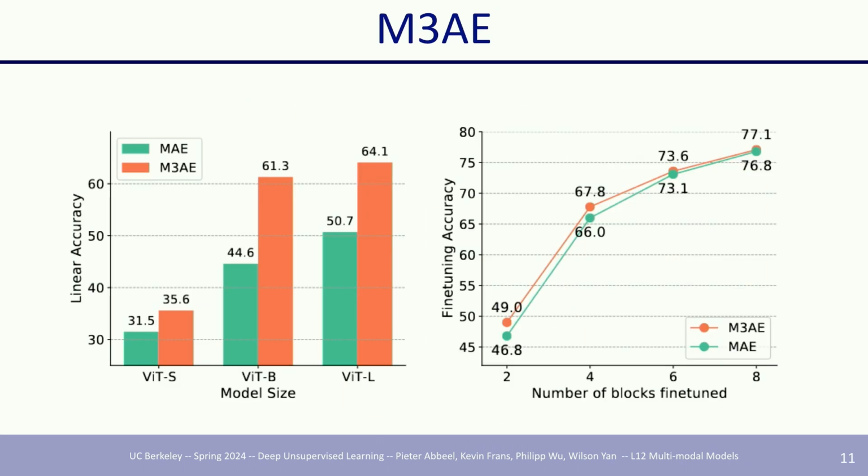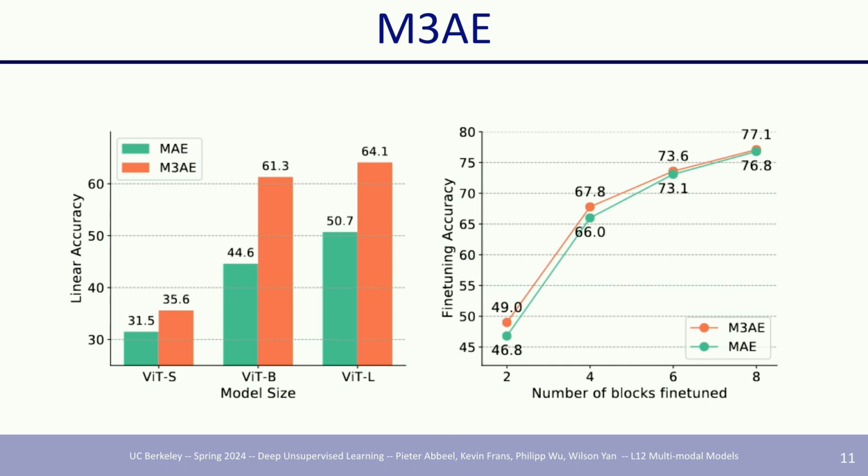Okay, and one neat finding about M3AE, so this was compared to MAE. MAE was trained on only images, and M3AE trained on both the image and text. And this was the linear probe accuracy, I think, on probably ImageNet. You do see a very large boost in the quality of the representation, as a function of how good it is as a linear probe.